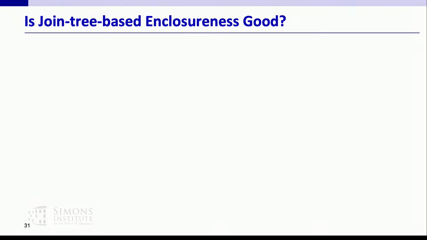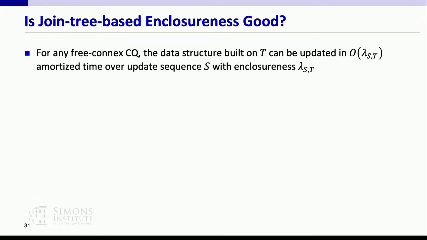Okay, so the next question is: is this join tree-based enclosure list good enough? At least for the algorithm and data structure I just presented, for any free-connex query, the data structure built on a specific generalized join tree can be updated in lambda amortized time over an update sequence with this enclosure list.